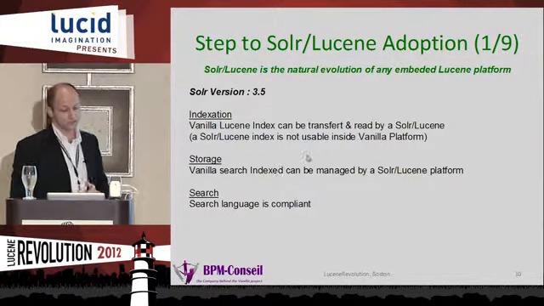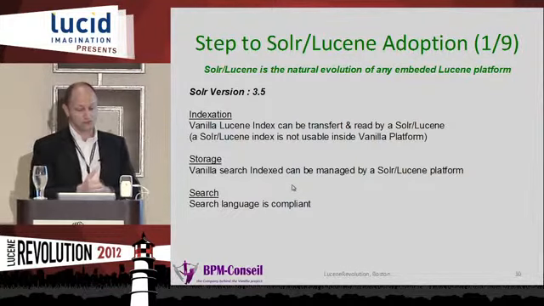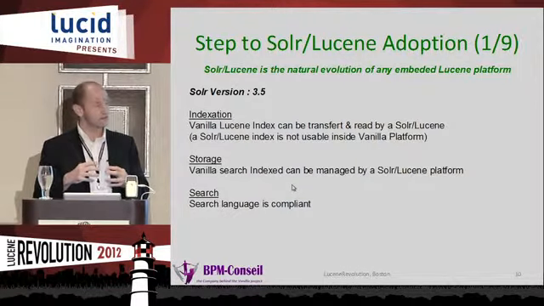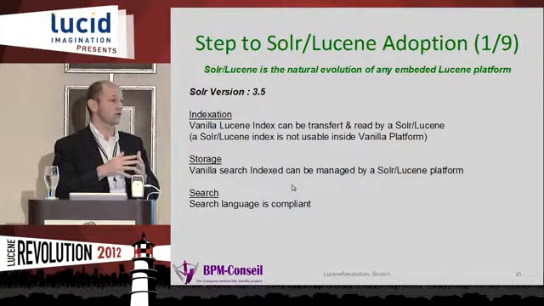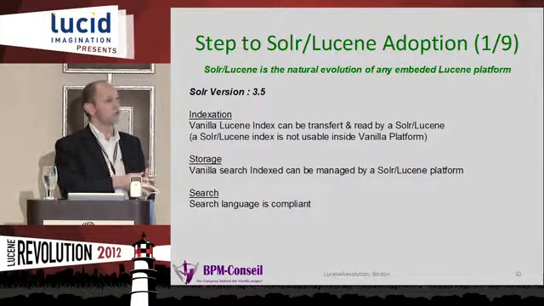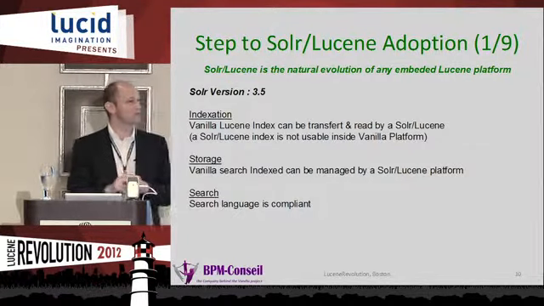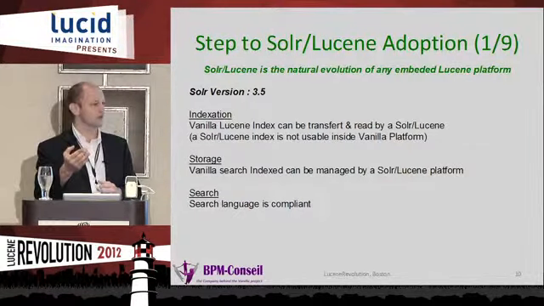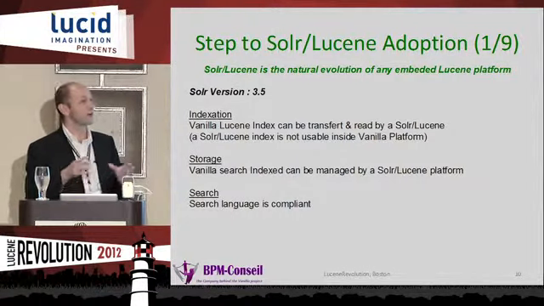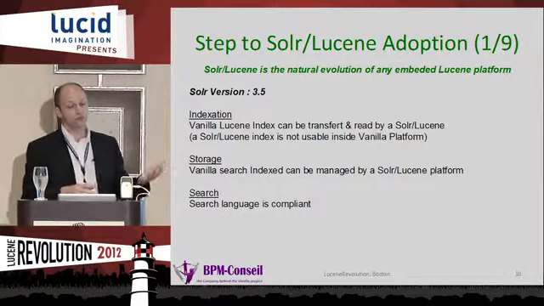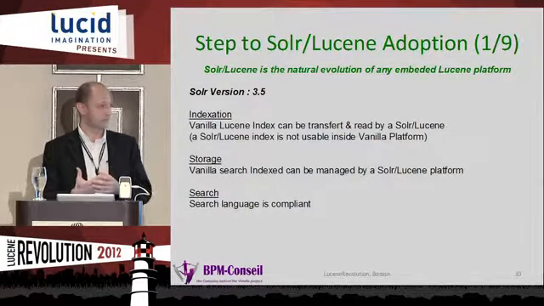About storage, this means that all the Vanilla index can be searched through an external search engine, the technical search engine provided by Solr Lucene. You know this interface that looks like Tomcat? It's very technical. So you can use this one, no problem, and you can embed it into your portal. It's very easy.